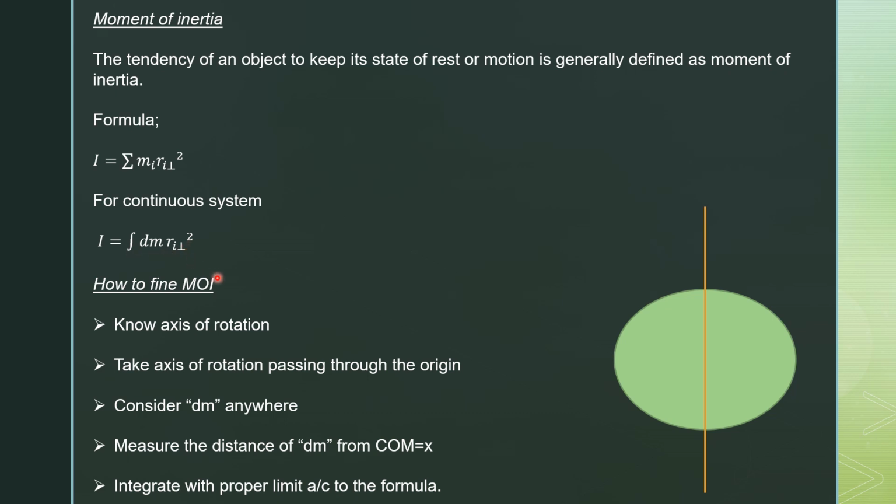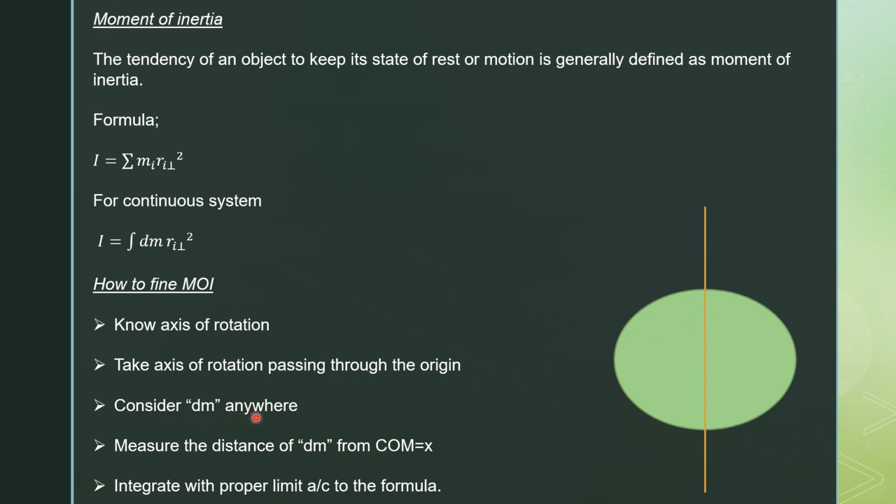So how to find moment of inertia? Let this be a body. First of all, we will consider which will be our axis of rotation. Then take the axis of rotation passing through the origin. Let us consider that this axis of rotation is passing through the origin.